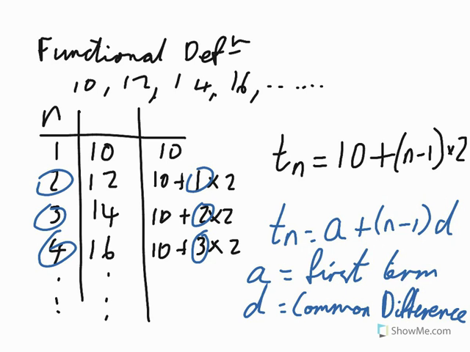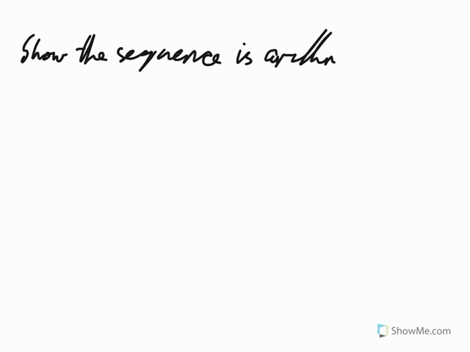Alright, so let us now have a look at some examples. Show the sequence is arithmetic. Okay, so to show the sequence is arithmetic, let's write them down first.